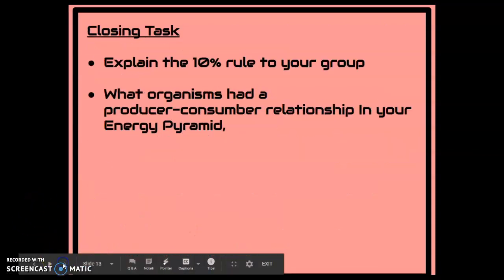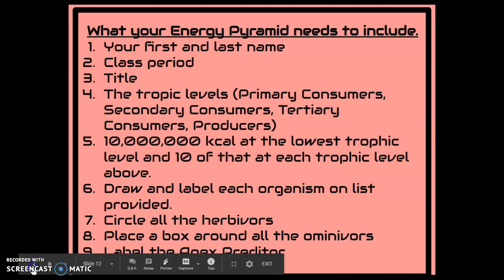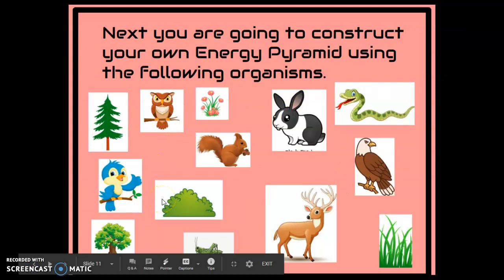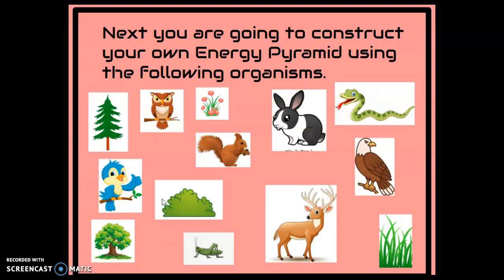Once you have all that done, then we'll do the closing task. But let me go back just for a second. Once you have all of this finished, you've got them all drawn in the right energy pyramid area, and you have them all labeled, you have the pyramid labeled, and you have every one of the steps done, then you're going to take a picture of it and send it to me through the submission of that particular assignment.